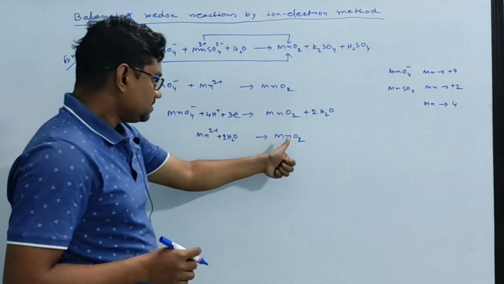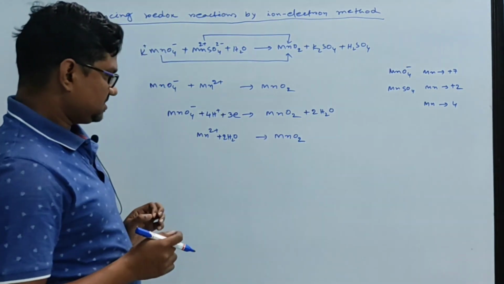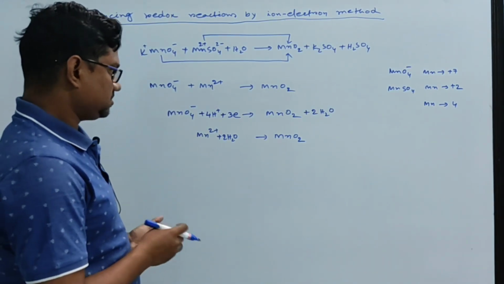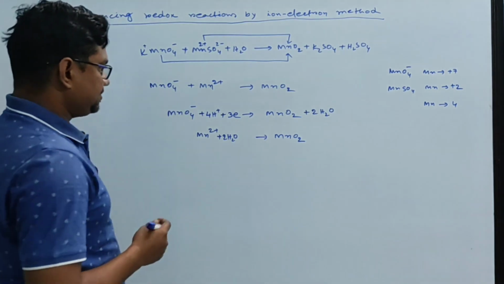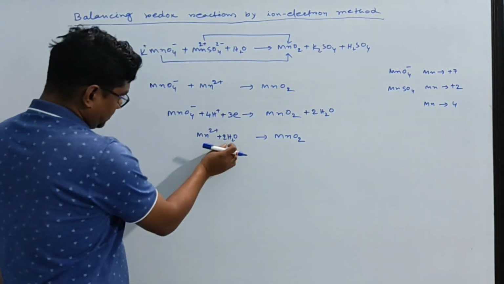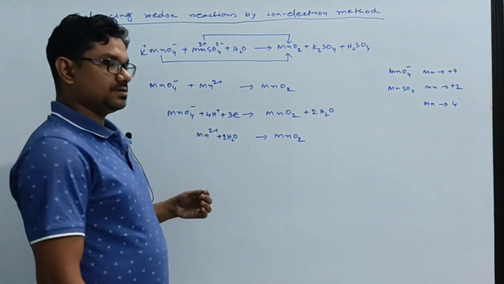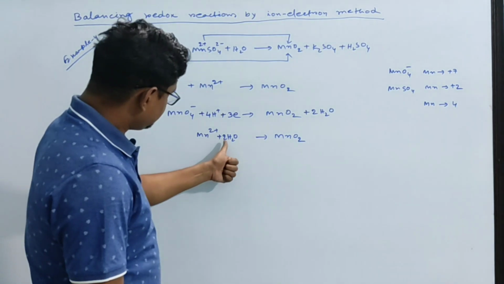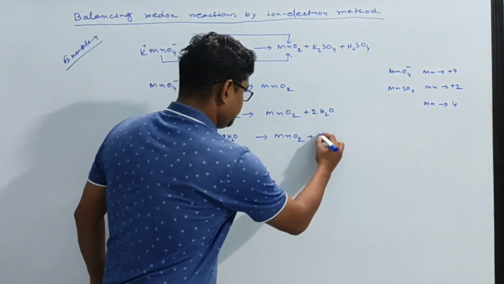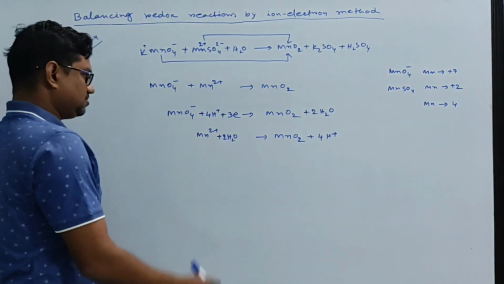Okay, so when extra oxygens are there at one side, you have to add that number of water molecules on the opposite side. So here 2 oxygen atoms are extra in the right hand side, so I have added 2 water molecules at the left hand side. Again the same thing, here 4 extra hydrogens are there, so we have to add 4 H plus ions at the right hand side to balance the number of hydrogen atoms.